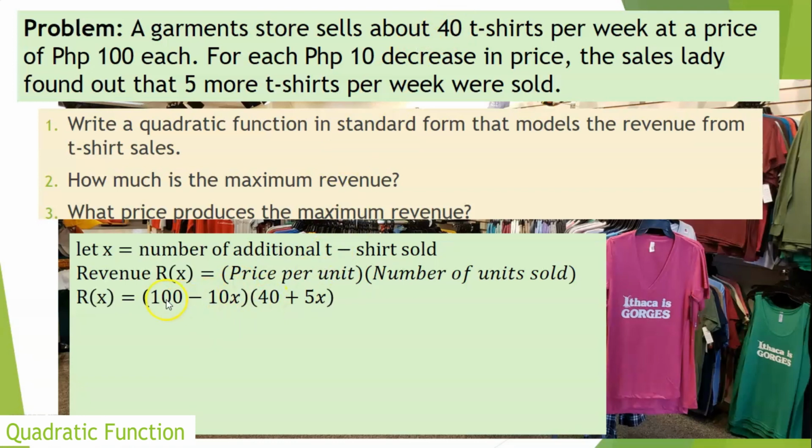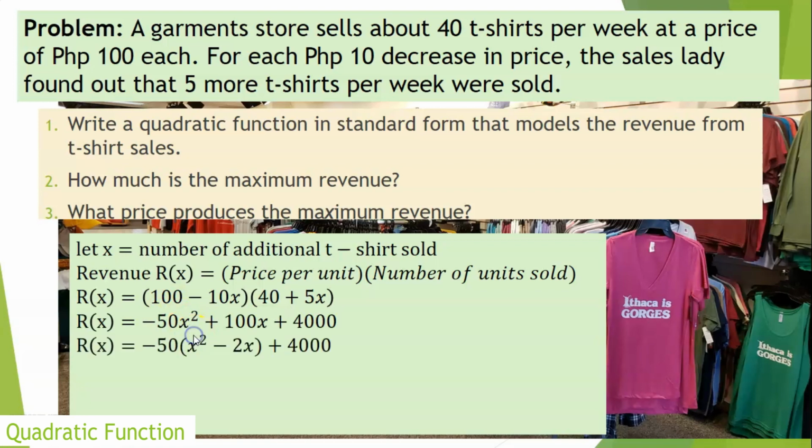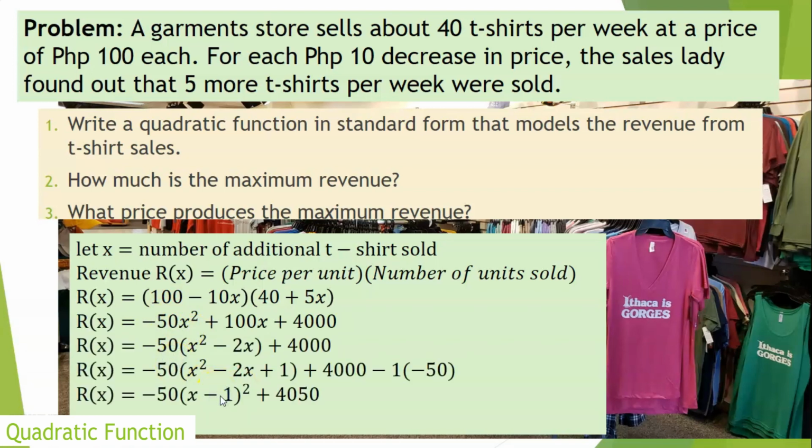If the price is decreased by 10 pesos, 5 more t-shirts are sold. Take note of the equation. Using the FOIL method, we'll get this. Factor out negative 50. Simplify further, we'll get this. The vertex here is still (1, 4,050). So this will be our equation.